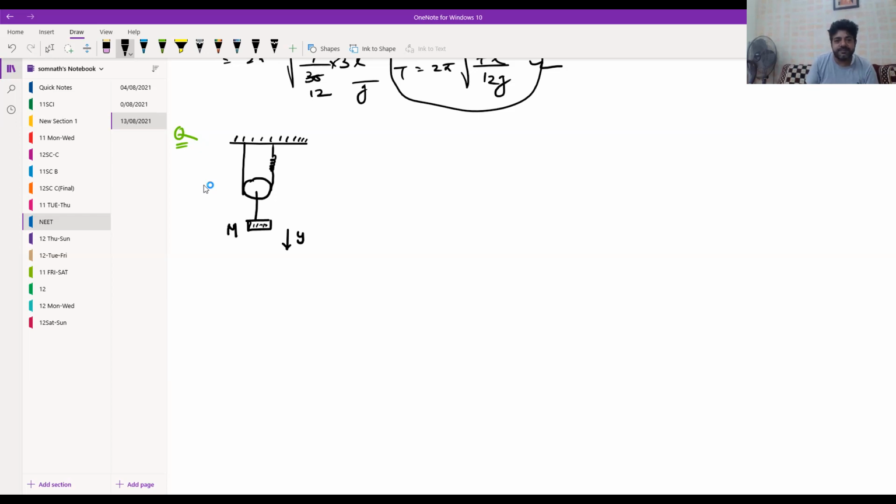Means we stretch that block by a distance y and release, so it will have a to-and-fro motion. Find the time period of oscillation.